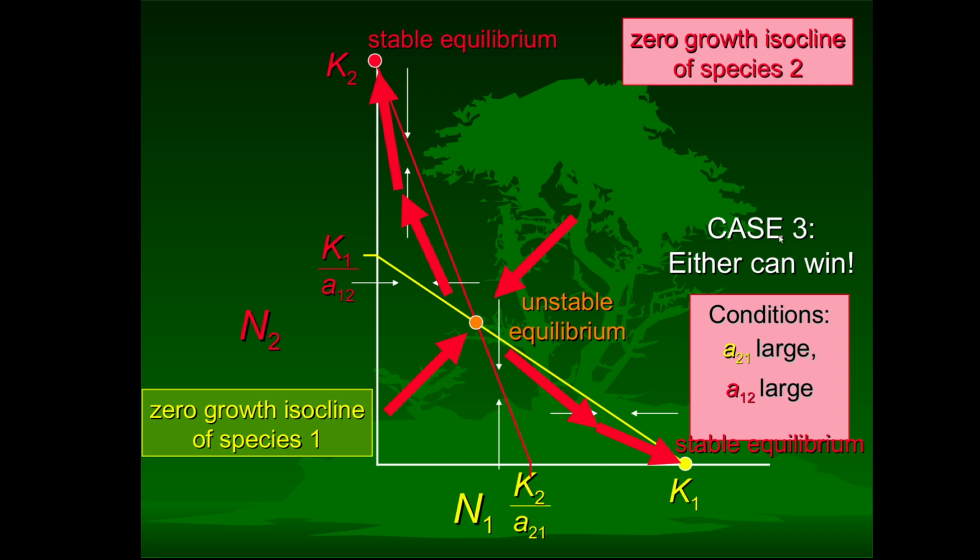So this is case three, crossing isoclines where both shutout levels are below their carrying capacity. We have an unstable equilibrium here where they cross. It's an equilibrium. Both populations will have zero growth rate at this point, but if they're bumped off that point, then they'll go to one or the other carrying capacities.